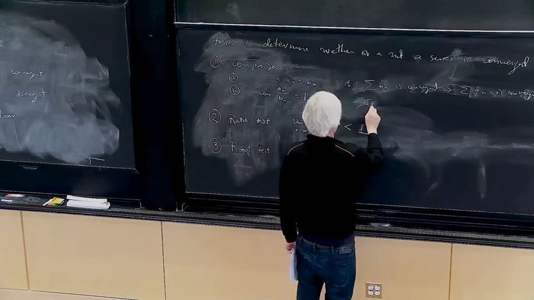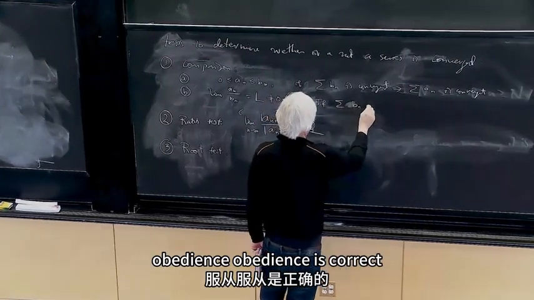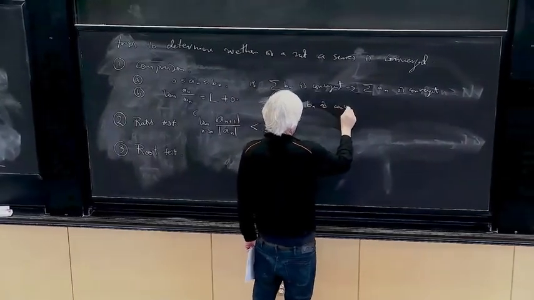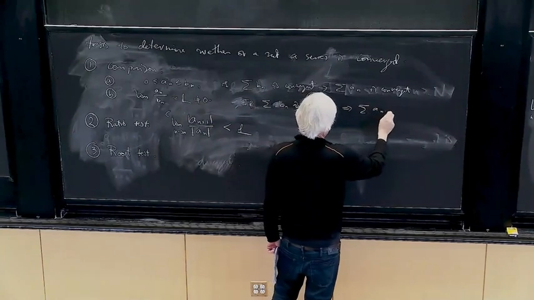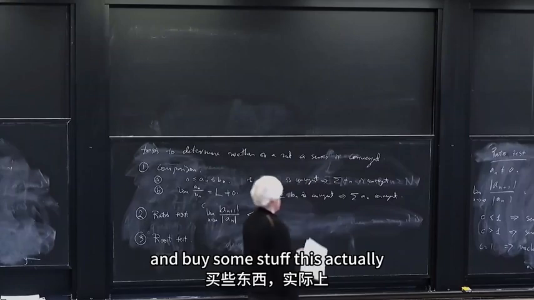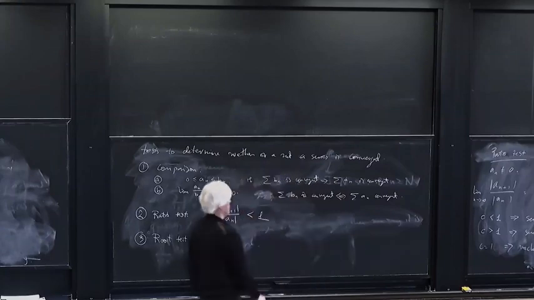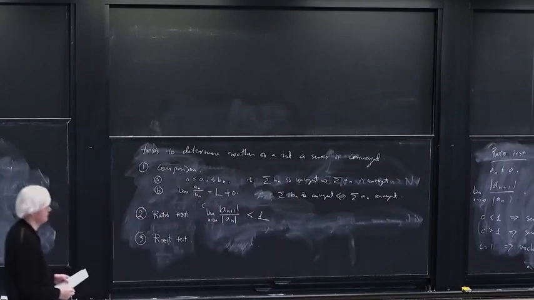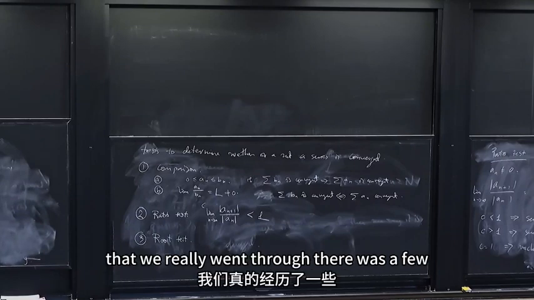So if b_n is convergent, then it implies that a_n is convergent. And vice versa, it's actually equivalent. So those were the three tests that we really went through.